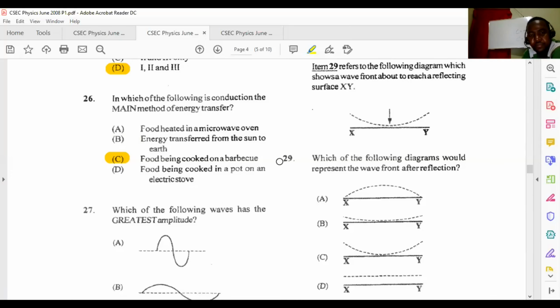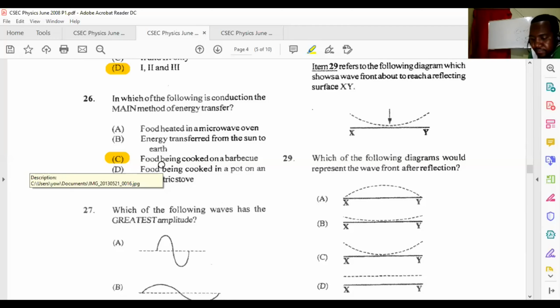And sir, that's not the only reason I said C. What other reasons do you have? Well, when you think of D, when you cook food in a pot, usually the pot has oil, and oil is a liquid which uses convection.